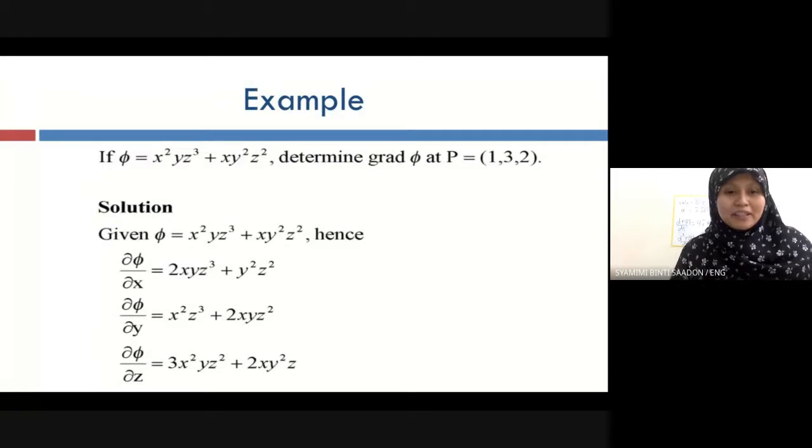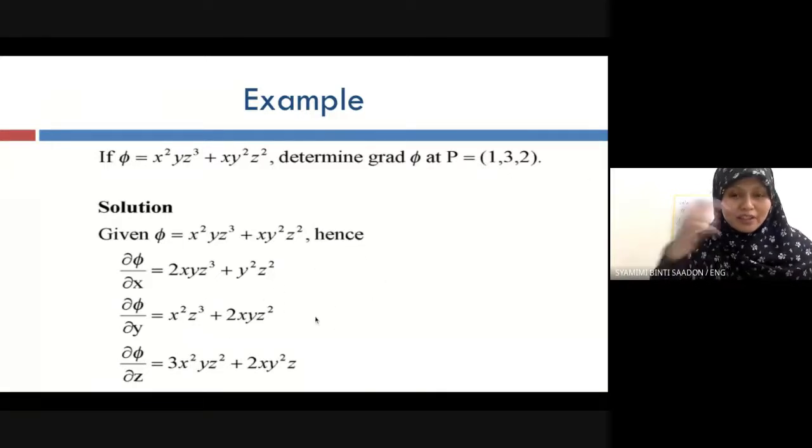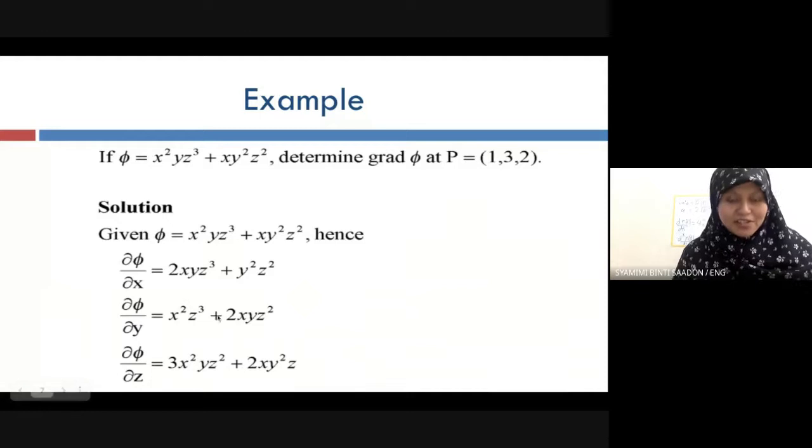Now an example. Phi is a function of x squared y z cubed plus x y squared z squared. Determine the gradient of phi at point P(1,3,2). We first determine the gradient, and then we substitute the value of P. The answer is written here.